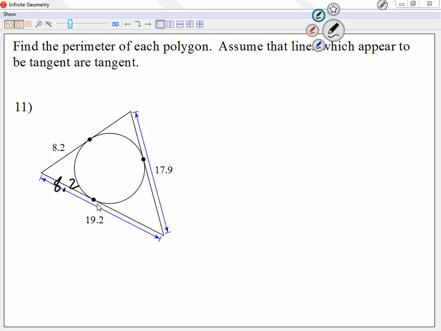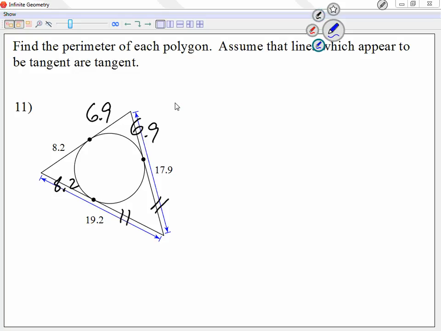Part of it is 8.2, I'm going to say the remaining is 11. Right, I subtracted those. If this is 11, this side right here is 11. The whole thing is 17.9. Part of it is 11. I'm going to say the remaining is 6.9.